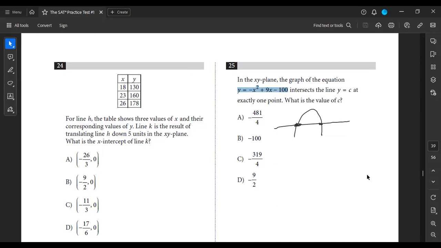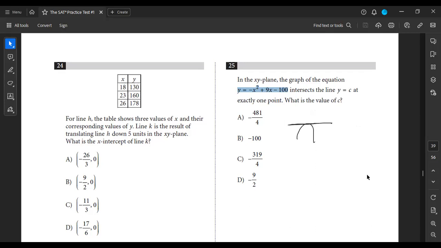That's why they say y is equal to c, because it's just a horizontal line. In this case, because it's at 1 point, it's going to be at the maximum rather. Let me redo that. It's going to be something like that. So we need to find the vertex form.